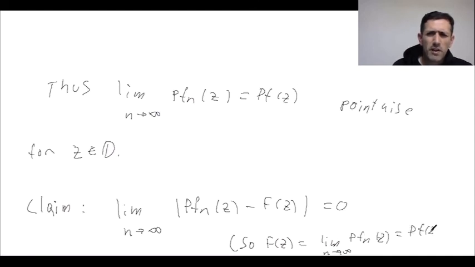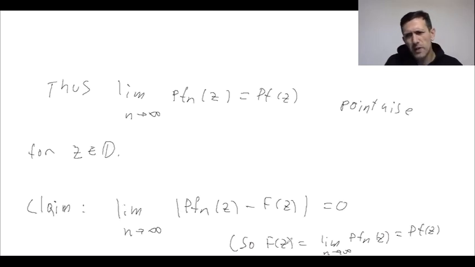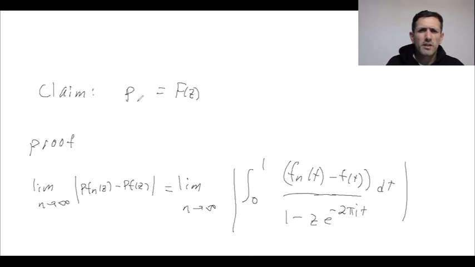It's Pf(z) for any z in the disk. Yeah, so we'll have Pf(z) is F(z) in the unit disk. So maybe pointwise, I just mean for each z, Pf(z) equals F(z). Oops, don't want to stamp anything. All right.